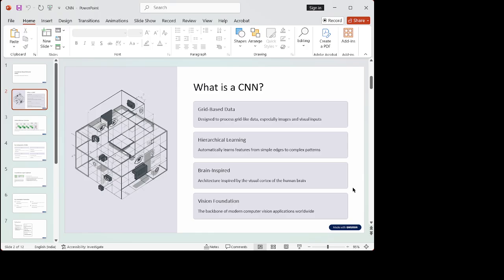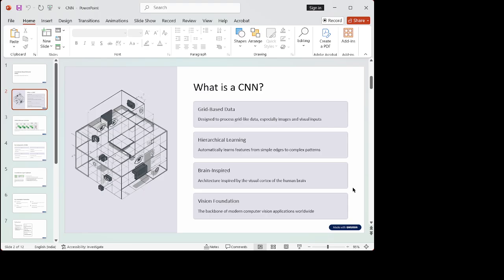The third one is brain-inspired. The architecture is inspired by the way visual information is processed hierarchically in the visual cortex of the human brain.